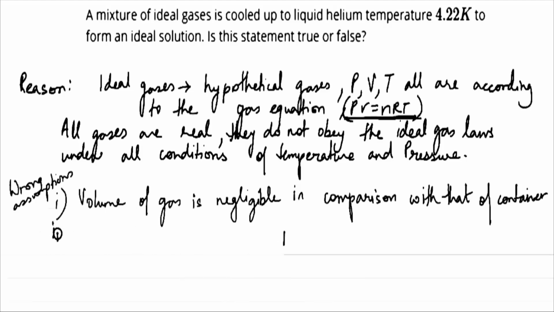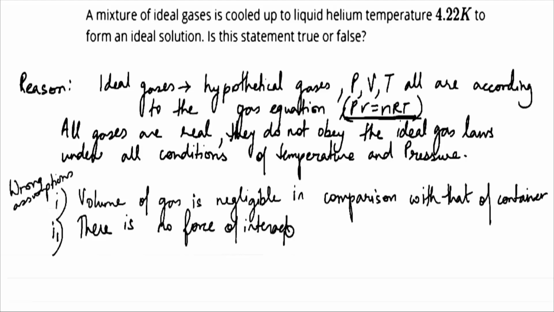Now the second one, that there is no interaction between gas particles. This is also wrong, as we know that gas molecules have some kind of interactive forces between them. So these two assumptions are wrong.